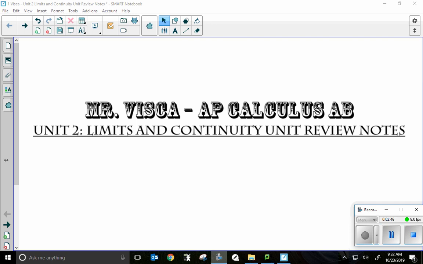After that's done, I have hundreds of problems. It feels like hundreds, it might only be 100, but we're going to do problem after problem dealing with limits and continuity. Then we go to Unit 3 and go over the review notes for that unit, not just 3-day 1, 3-day 2, but a review of the important stuff of that whole unit, and then problem after problem after problem.